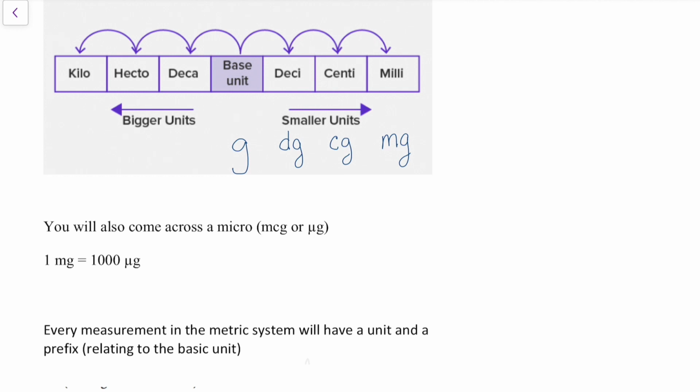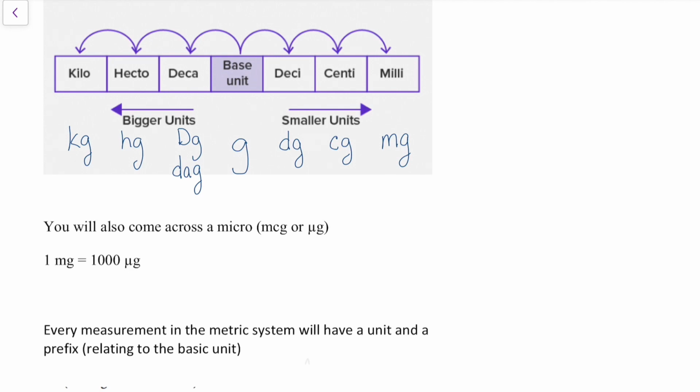And then as I go up, I can have decagram, which you can see as a capital D, or you can also see it as DA. So either of those represents decagram, and then I have hectogram, which uses an H, and kilogram, which uses a K. And so by using the base unit, I can go up and down to get all of the other units.